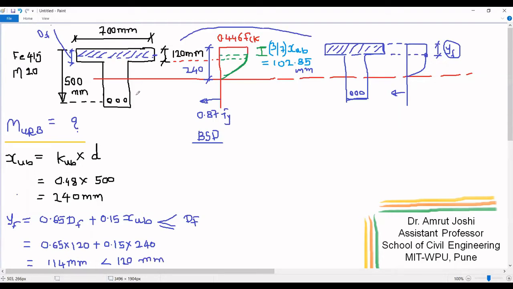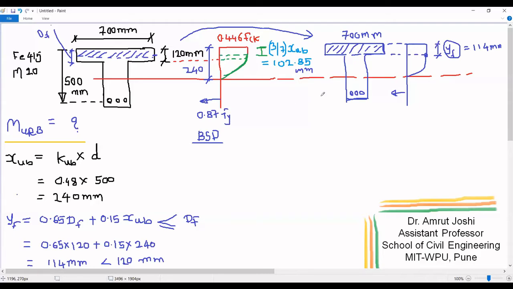So as per IS 456-2000, this T section is converted into an equivalent T section, which has flange width of 700 mm, flange depth of YF equal to 114 mm, and effective depth of 500 mm, which remains unchanged.